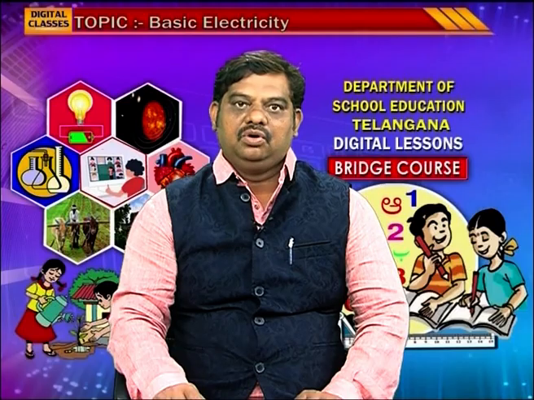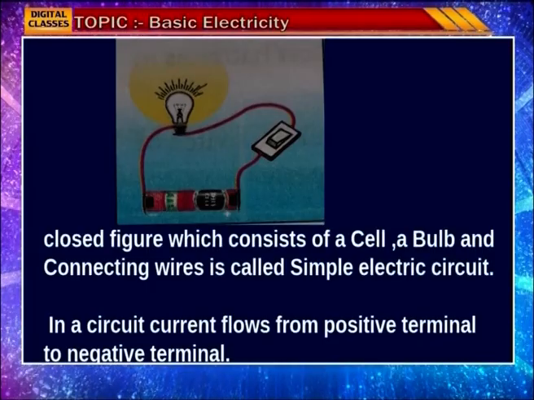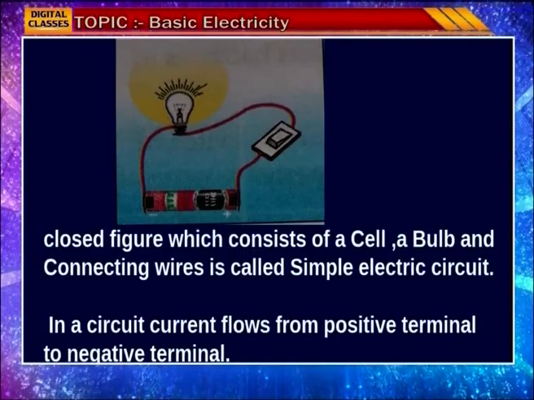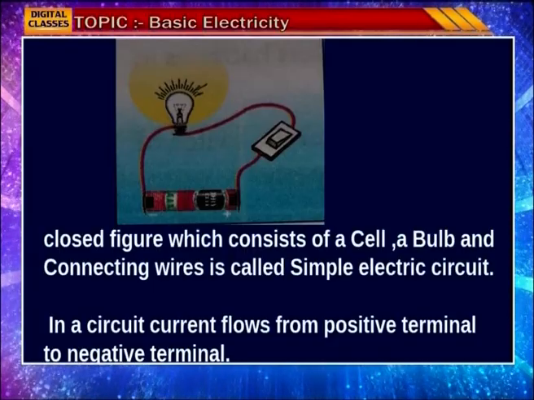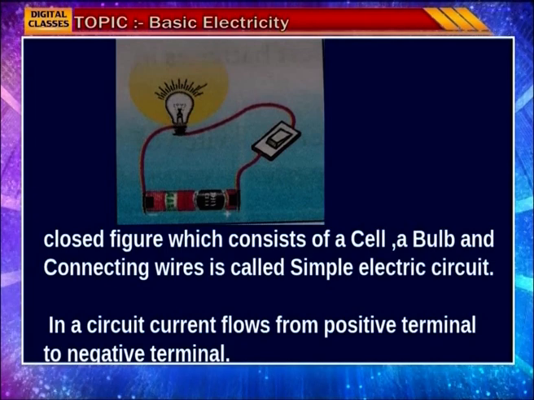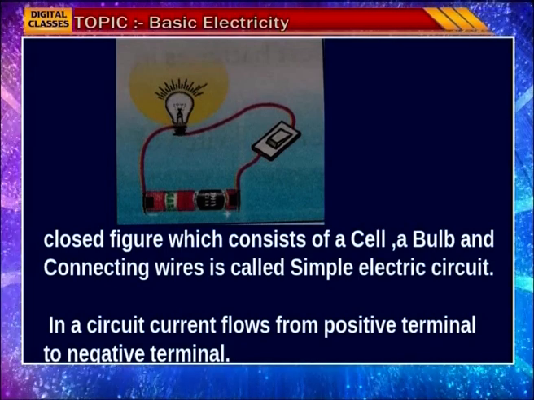In which cases does the bulb glow? You have observed that the bulb glowed when the circuit is closed. A closed figure which consists of a cell, a bulb and connecting wires is called a simple electric circuit.